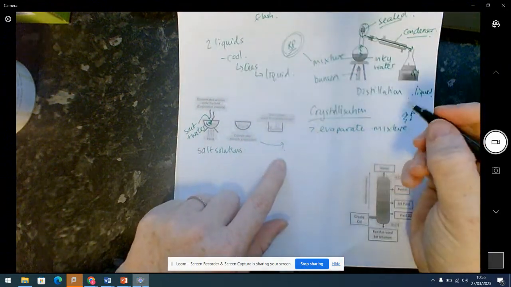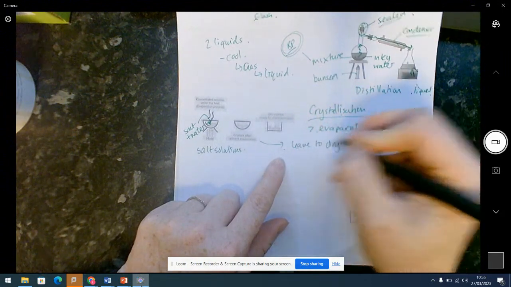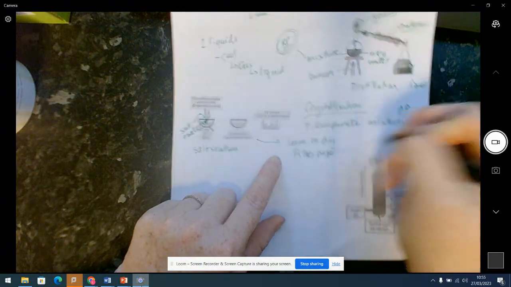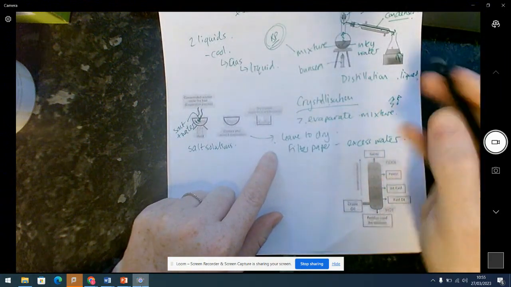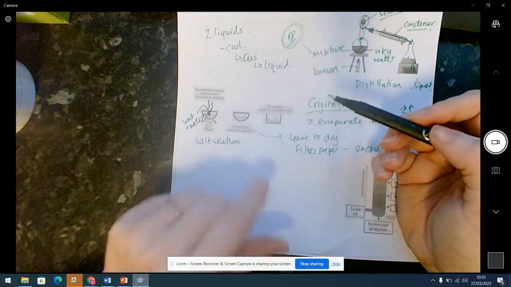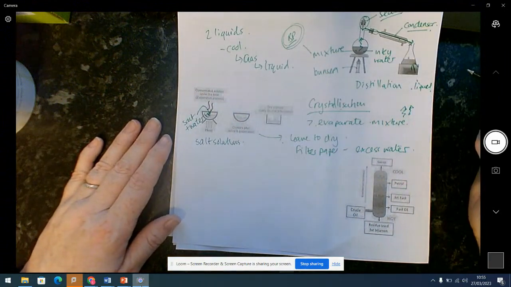Those crystals, you can then either leave them to dry, or you may use filter paper to remove excess water. That will then allow you to extract your dry crystals, which you might then want to reweigh if it was looking at mass, for example.